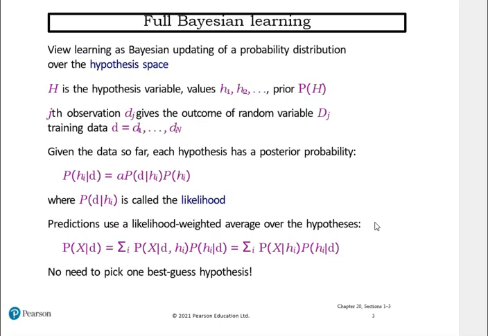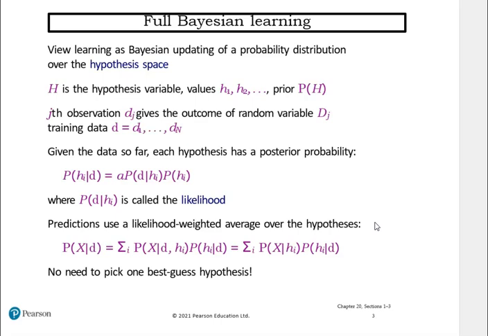So in this case, we say that the big set D represents all the data, including the unobserved data, and little d is just a subset of this large set that has been observed up to a given point.